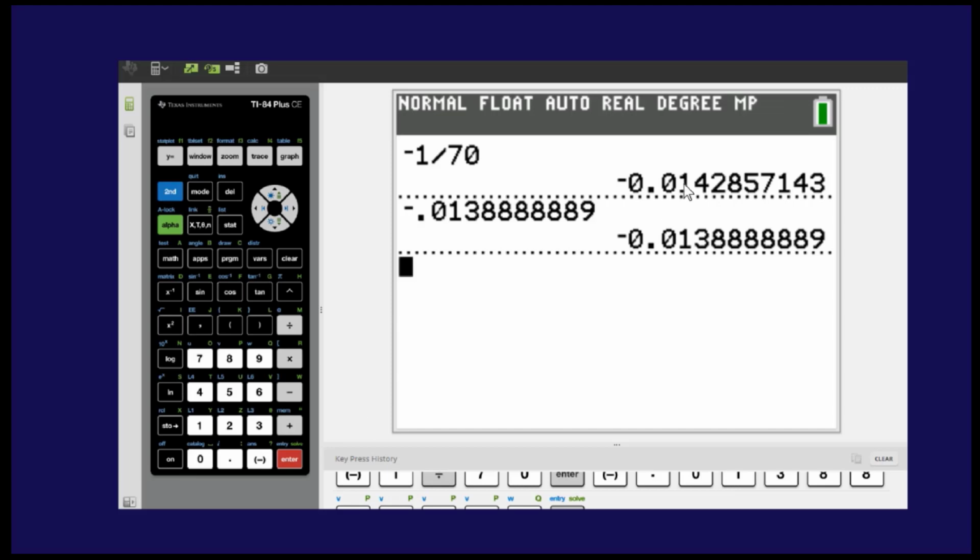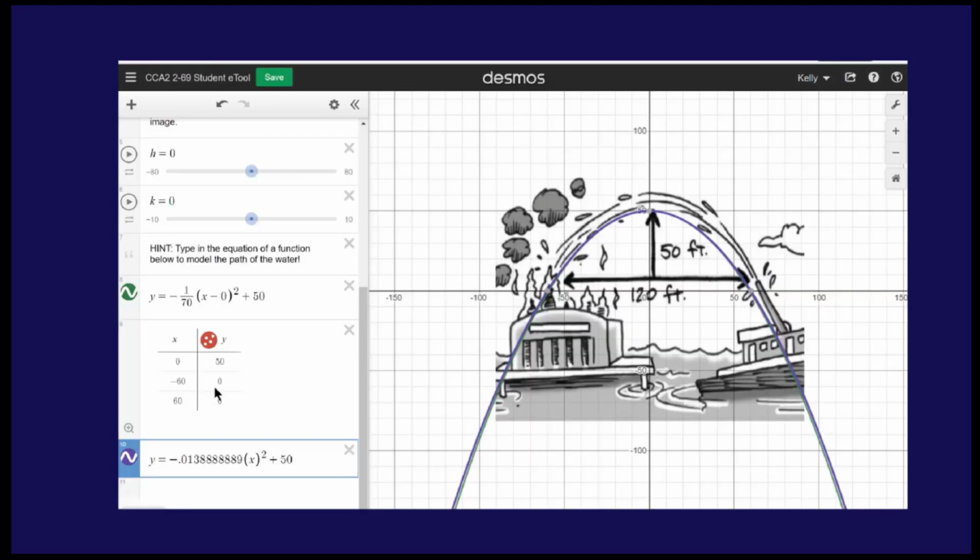Okay, so that's pretty darn close. Anyway, there's your equation. There are your points. We did a pretty good job of guesstimating, so to speak, within Desmos. But remember, you can use quadratic regression in the TI to make it more exact. And here we go.